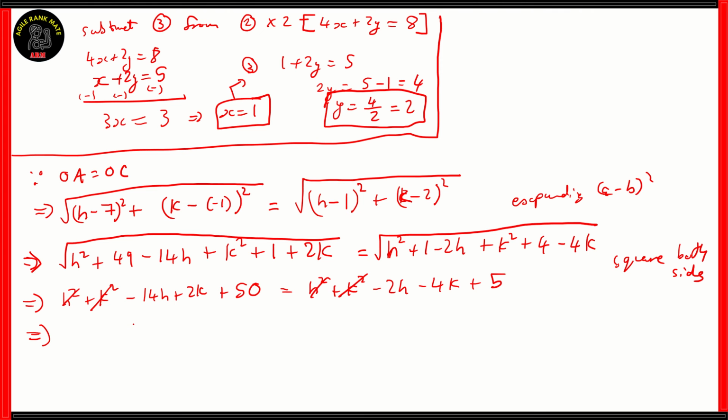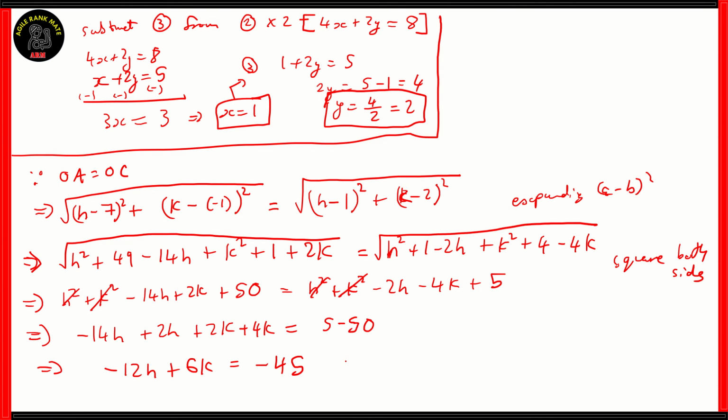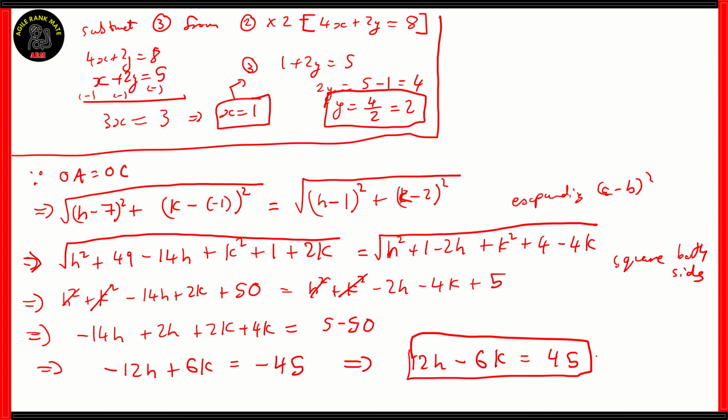We can write the rest of them as minus 14h plus 2h, since this goes to the left, plus 2k plus 4k equals 5 minus 50. So therefore what we're getting is minus 12h plus 6k equals minus 45. Now that means 12h minus 6k equals 45. Now this particular equation we'll consider to be equation 4.